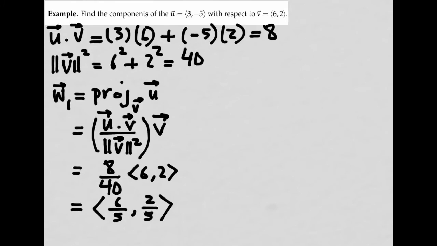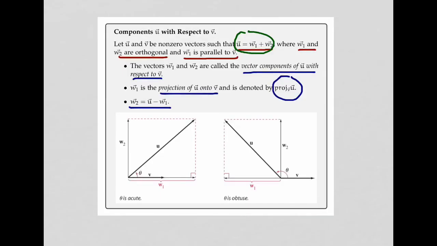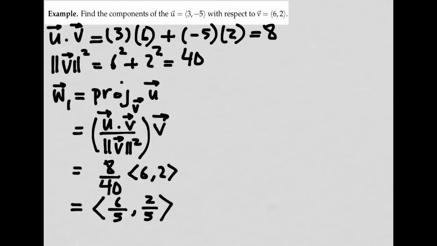Now, to find w2, I'm going to use w2 equals u minus w1. So w2 equals u minus w1.